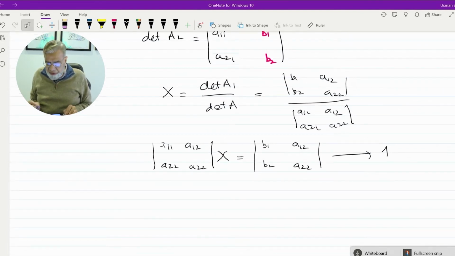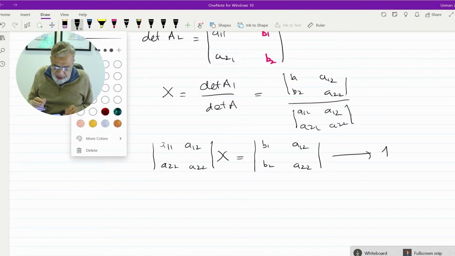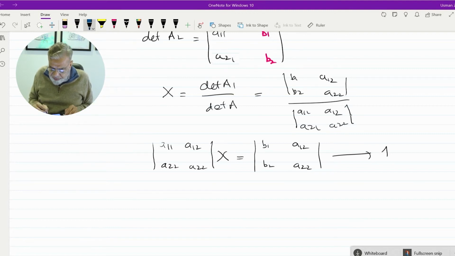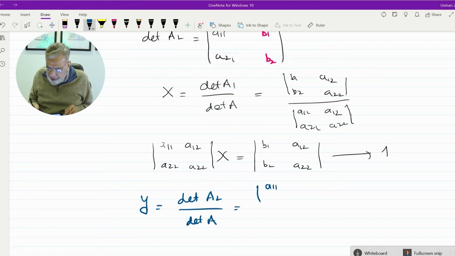If we want to find y, in this case we can just say our y is equal to the determinant of A2 over the determinant of A. What is the determinant of A2? The determinant of A2 has A11 and A21, and here I replace this column by B1, B2 as mentioned above, and the determinant of A is A11, A12, A21, A22.